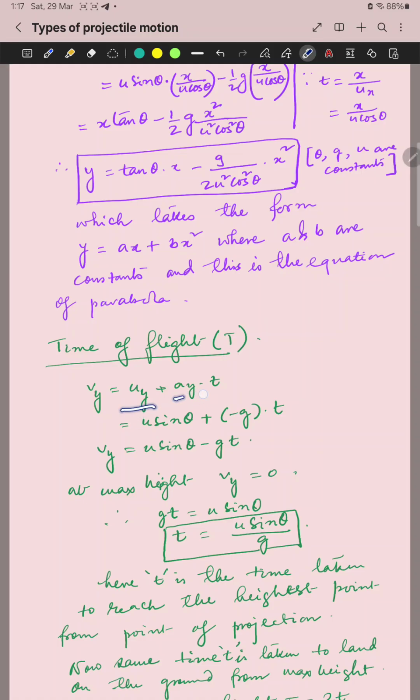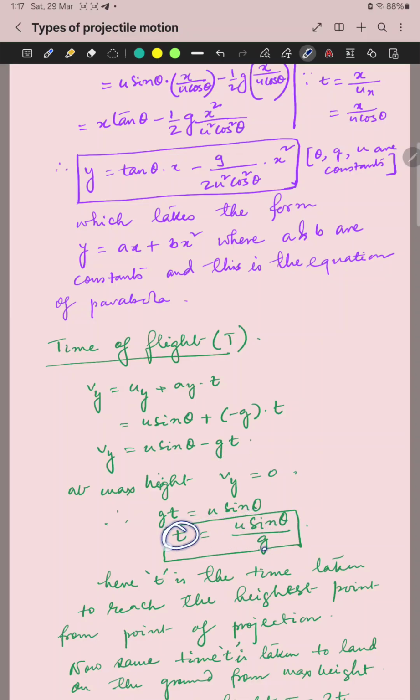In uy's place and ay's place we wrote all the values, and that gave us the expression for vy. Now at max height, as already discussed, vy equals 0, so put 0 here. Then u sin theta equals gt. From here t equals u sin theta by g.